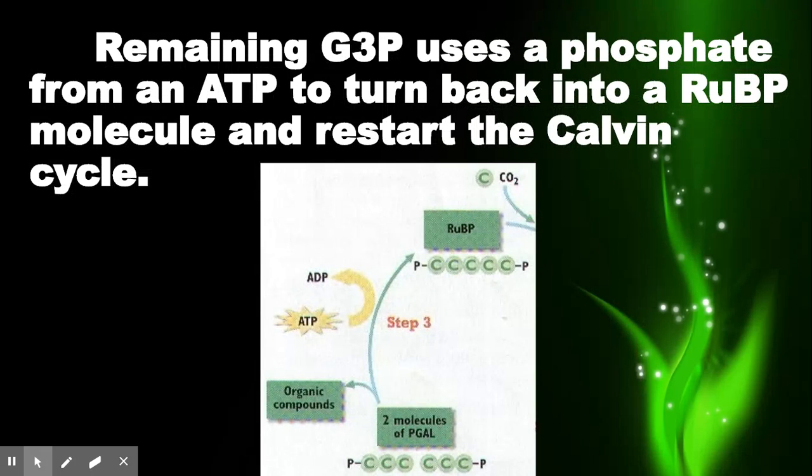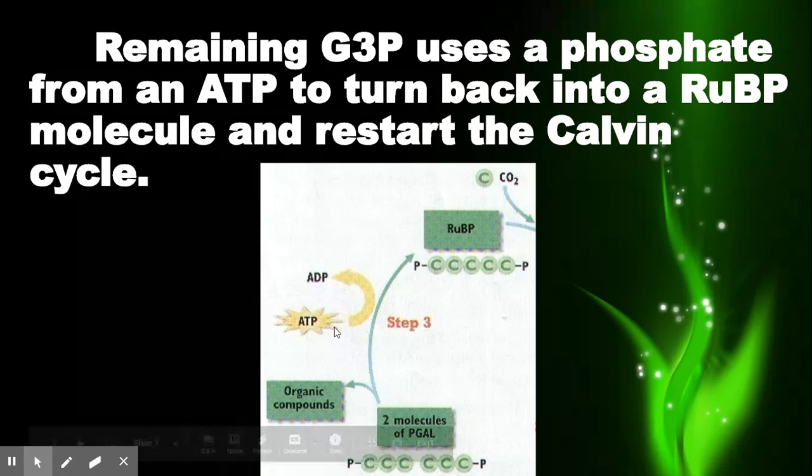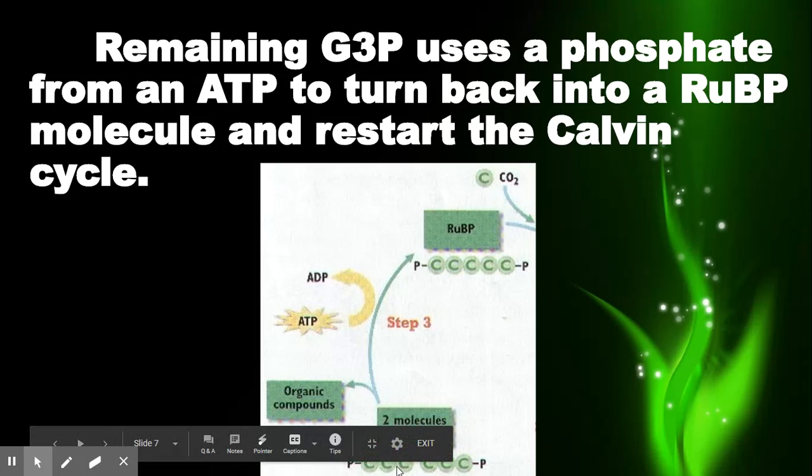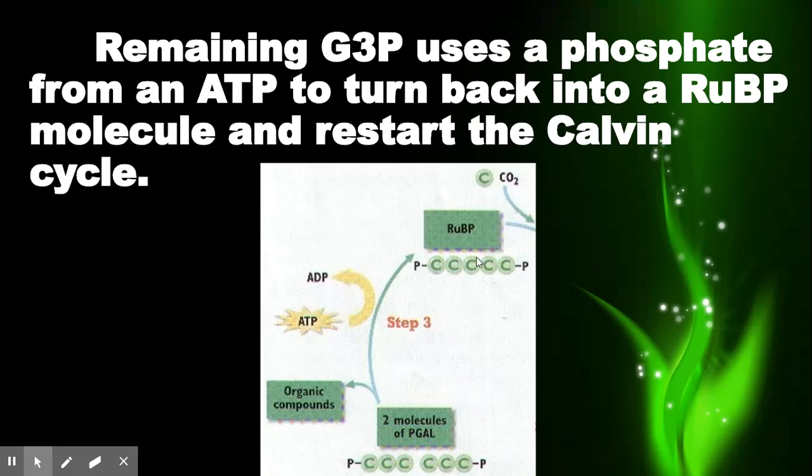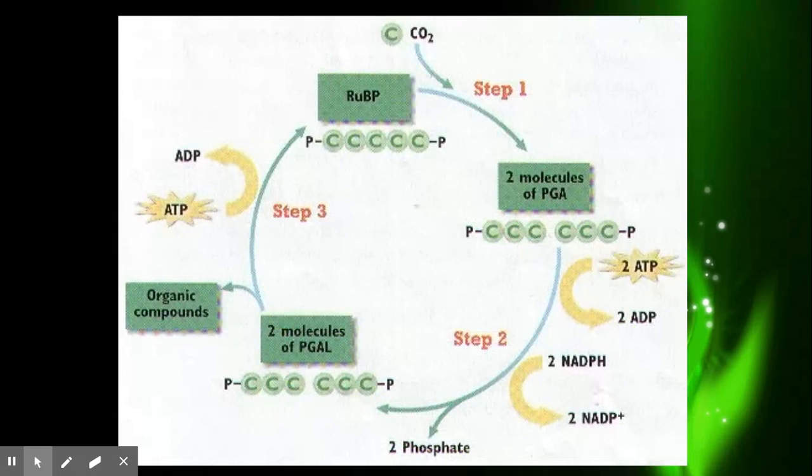The other is going to be used for making more of that RuBP, that 5-carbon molecule. So one of them goes off to make carbohydrates or sugars, and the other one gets reorganized with the help of ATP to then become that RuBP molecule with 5 carbons and start the cycle all over again.